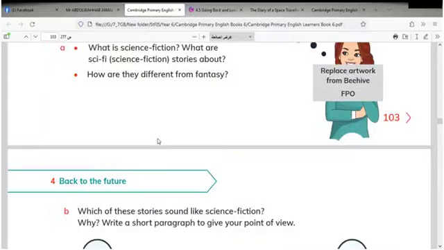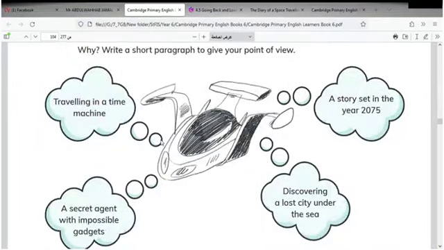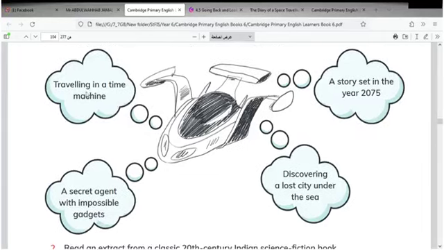And now, if you are to imagine something about the future, okay, what can you think of? Traveling in a time machine, a secret agent with impossible gadgets, discovering a lost city under the sea, a story set in the year 2075.